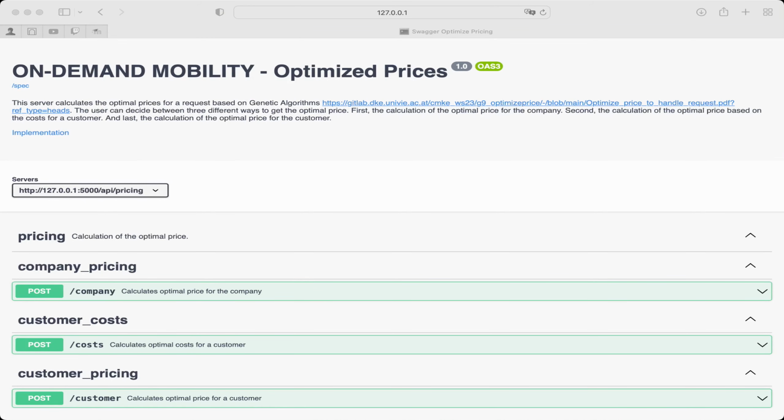In the project, there's also a Swagger included, where you can access a Swagger page where you can get an overview over the different endpoints.